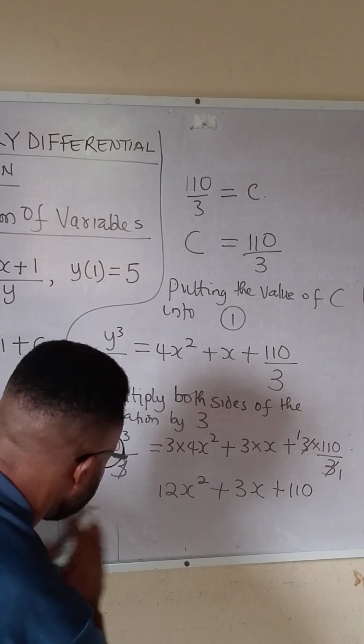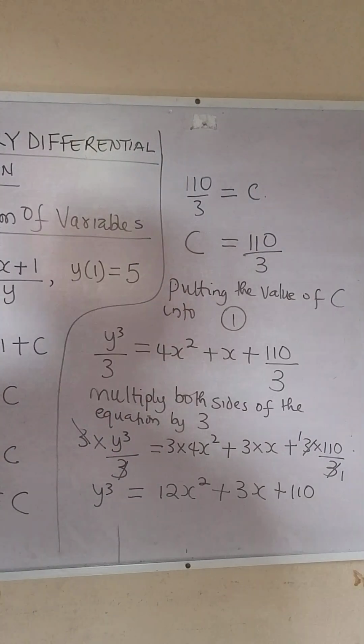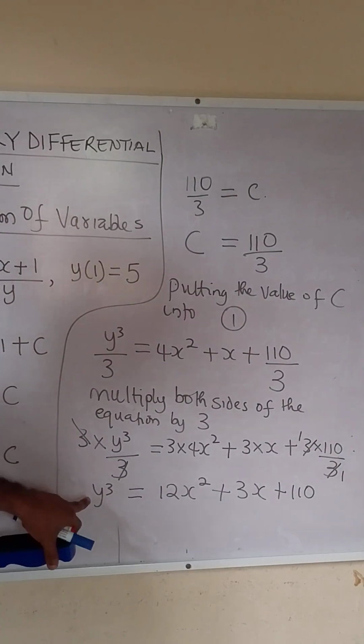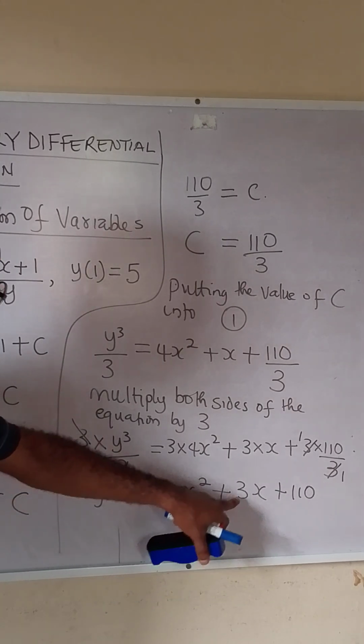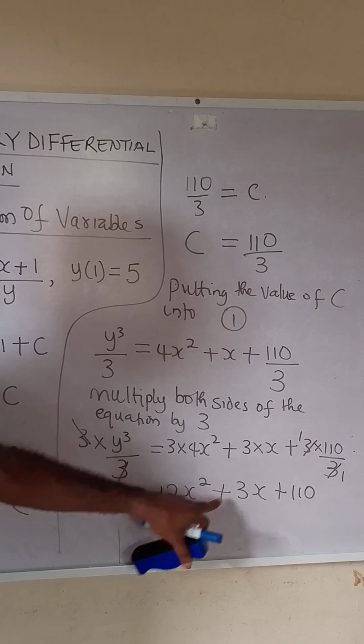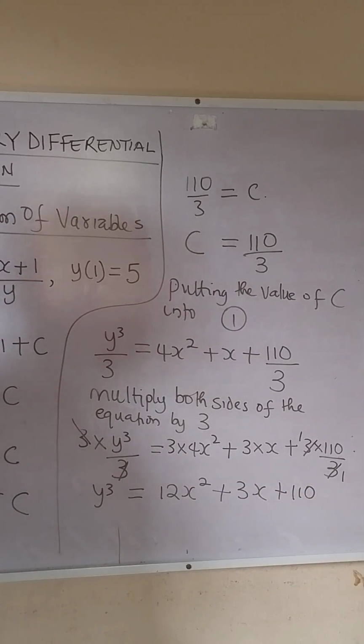So we now have that y cubed is equal to 12x squared plus 3x plus 110.